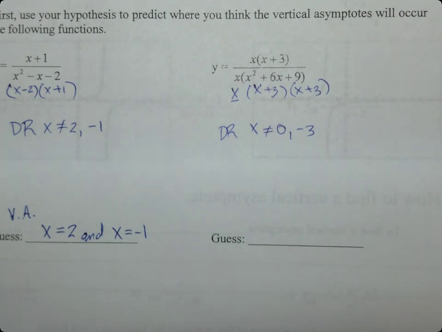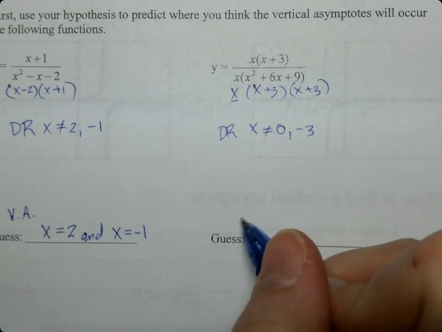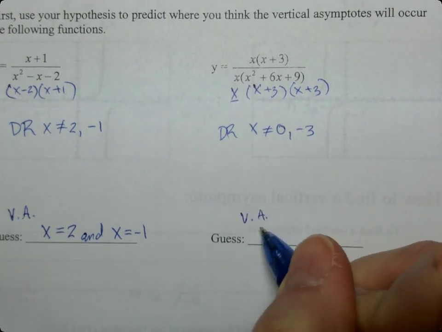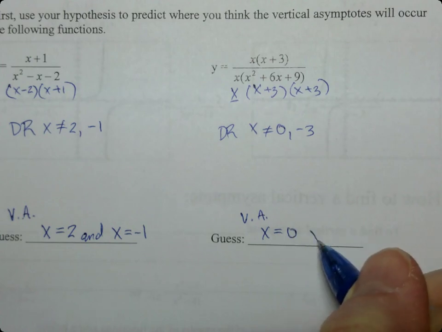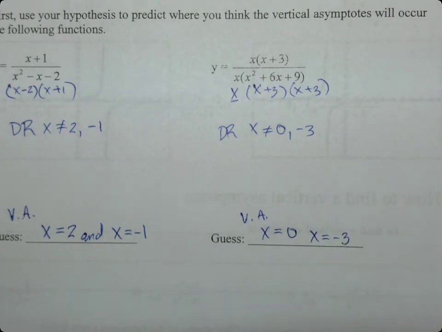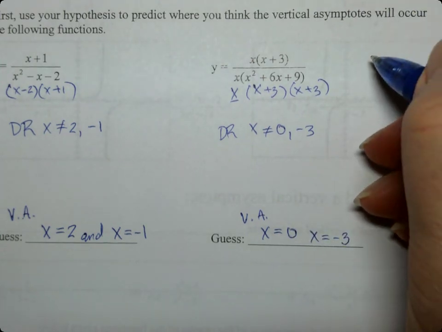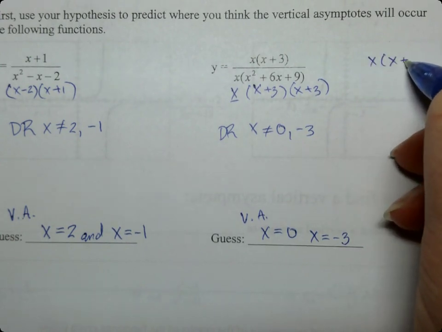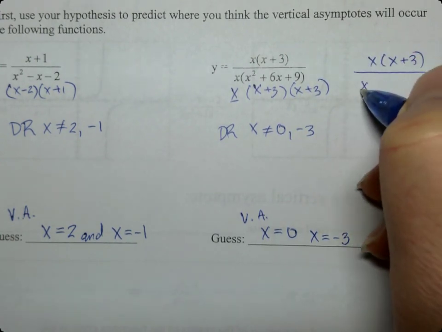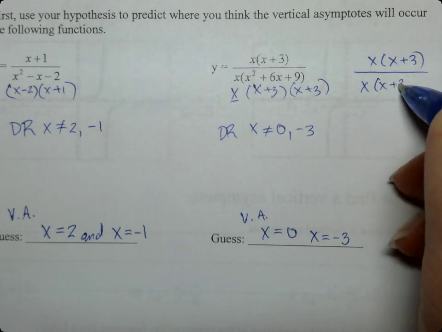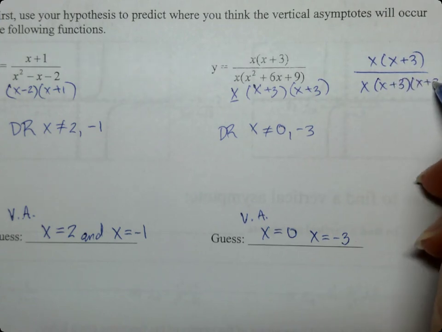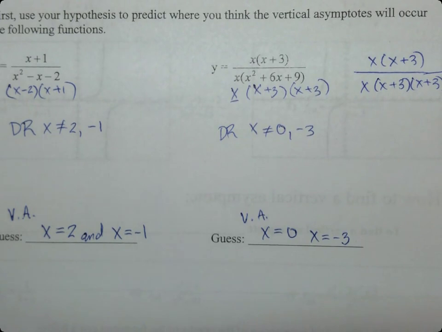Okay. So, well, more than the 0 cancels. Then one of the x plus 3. Okay, so we're going to talk about that. Now, based on our theory, we would think that we have vertical asymptotes at x equals 0 and x equals negative 3. Now, you brought up a good point. If I said, hey, I need you guys to simplify this, just like we've been doing, you would say the x's cancel and this cancels, and what's left?